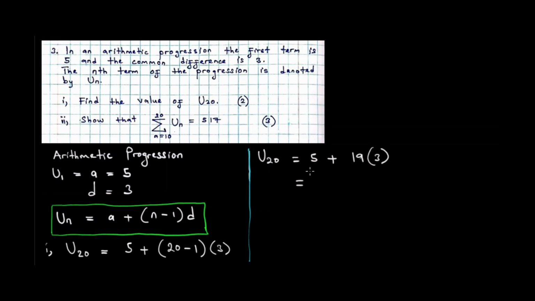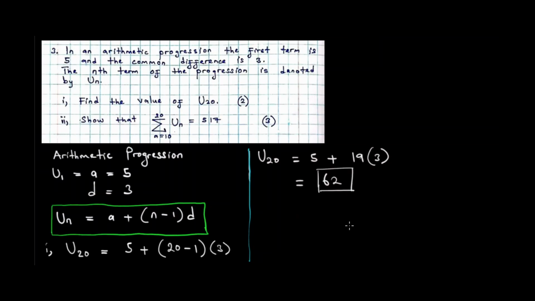Let us insert this in our calculator to get the value. So we are going to say 5 plus 19 multiplying 3, and we get the value of 62. So 62 is our answer here, as simple and as easy as this. 62 is the answer.